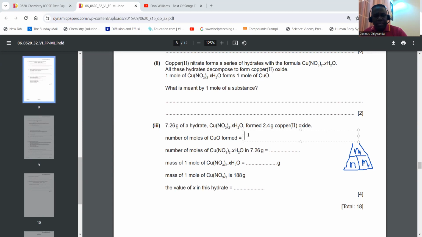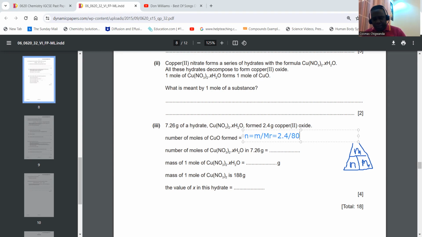So small letter n is going to be equal to the mass given over capital M, small r. So for the number of moles of copper oxide, we have 2.4, and then we have to find the relative molecular mass of copper 2 oxide. That's CuO. The mass for copper is equal to 64, and then the mass for oxygen is 16, so that's 80. So that's 2.4 over 80.